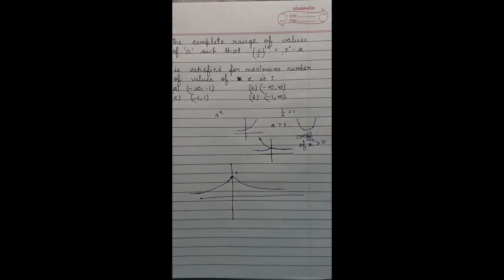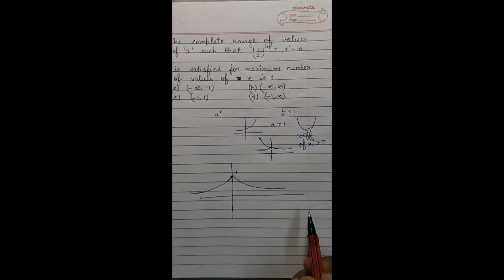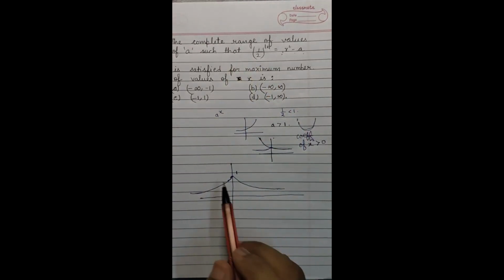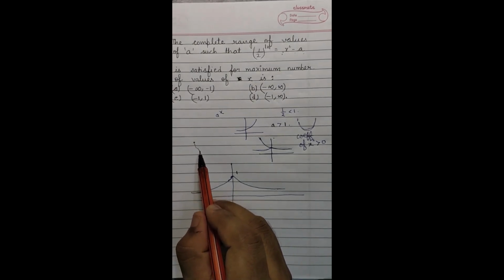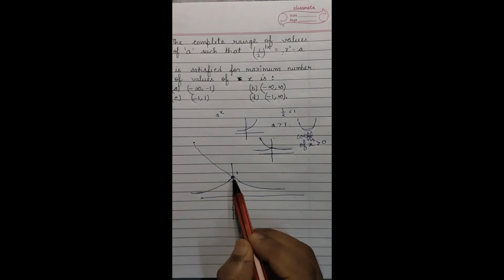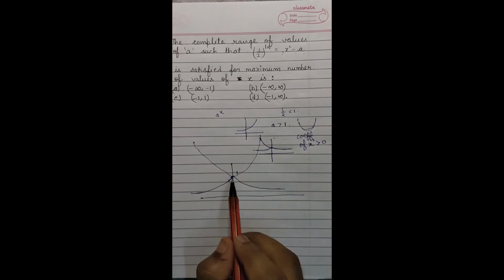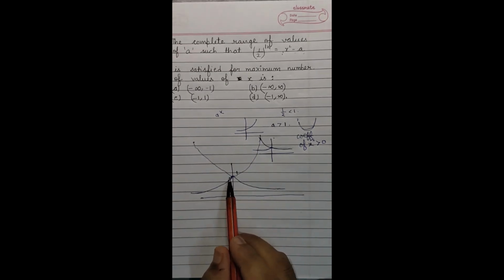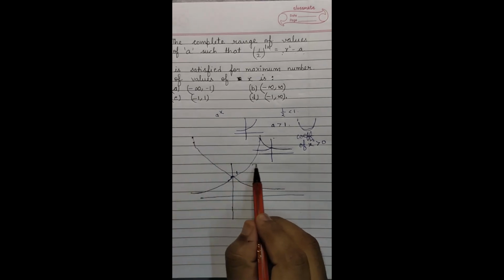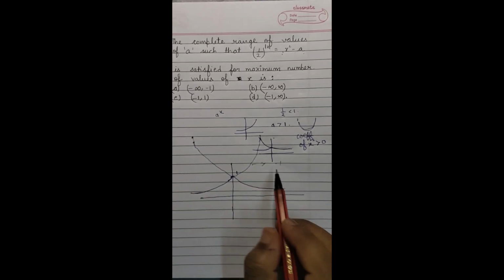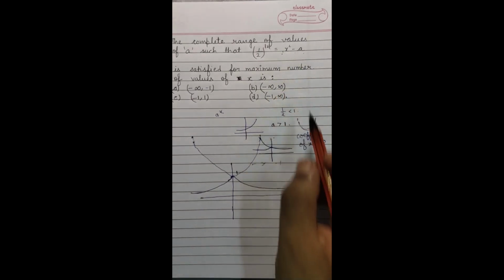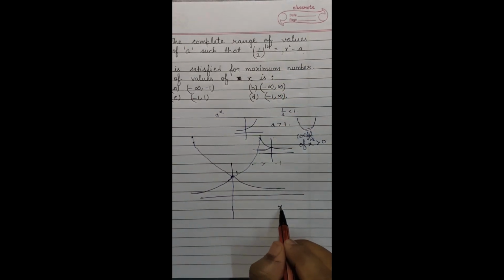Now you see what can be the least solution I can get when the graph of x square minus a is like this. So what should be the value of a in this case? The value of a should be minus 1, because if I put a equal to minus 1, x square minus a becomes x square plus 1.